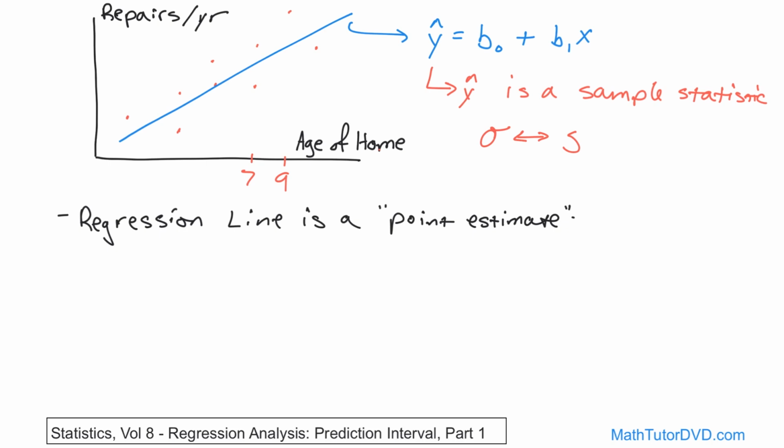I'm going to get hopefully something pretty close to 5, if the regression line was telling me 5 repairs per year, hopefully, but not necessarily. Some people are going to have a much higher number of repairs, maybe 10 or 20 repairs per year, the really unlucky people, and some people aren't going to have any repairs or maybe just 1 or 2. And hopefully somewhere in the middle is where our regression line for our sample data is. If we've done a good job sampling, hopefully it means something.